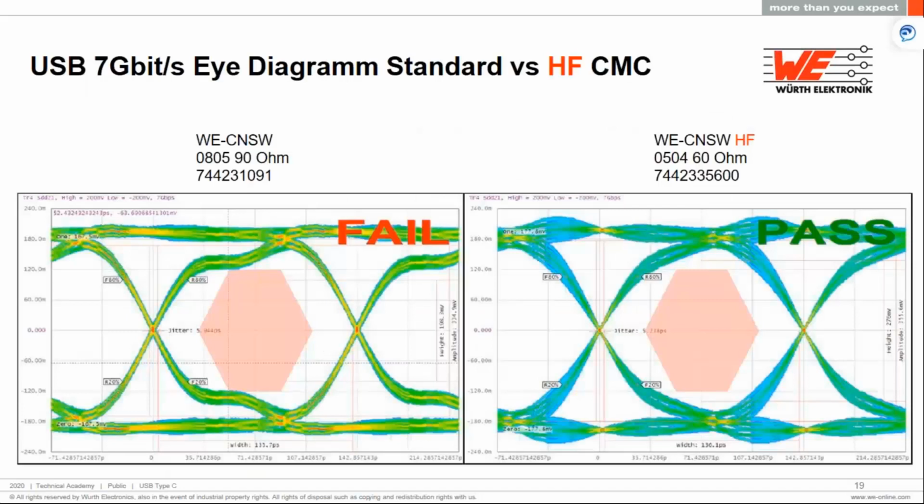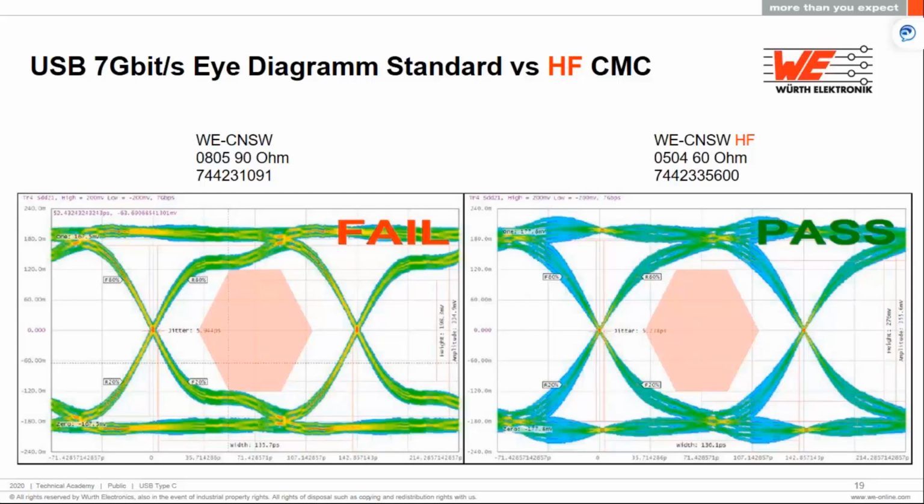So let's see what happens when we put a regular common mode choke, which was intended for 2.0 speeds, into a higher frequency such as the USB 3.0 specification. Now, in this eye diagram, in the first one, we can see that we have very high stray inductance, which means that the rising edge and falling edge of the signal are too slow because there is a lot of inductance present on it.